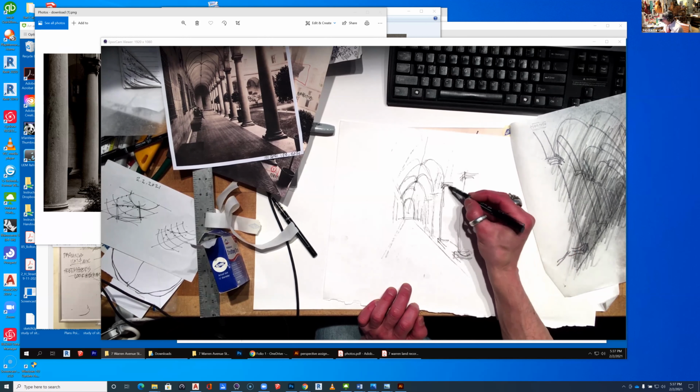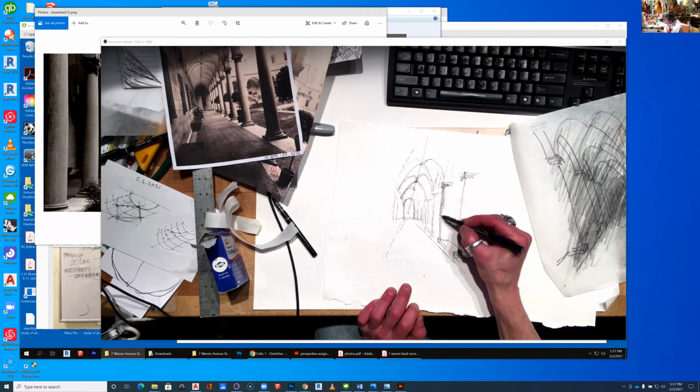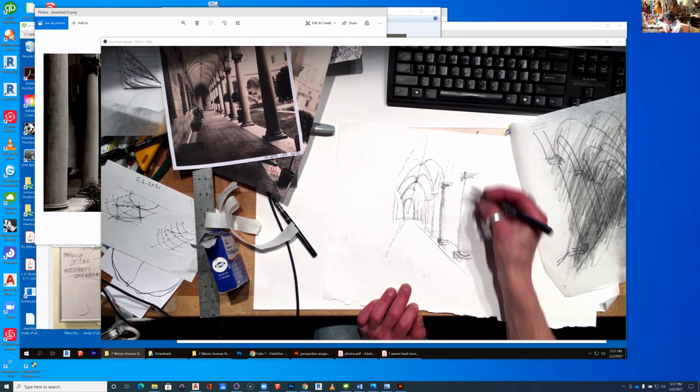And then what you do here is invent some kind of pattern.